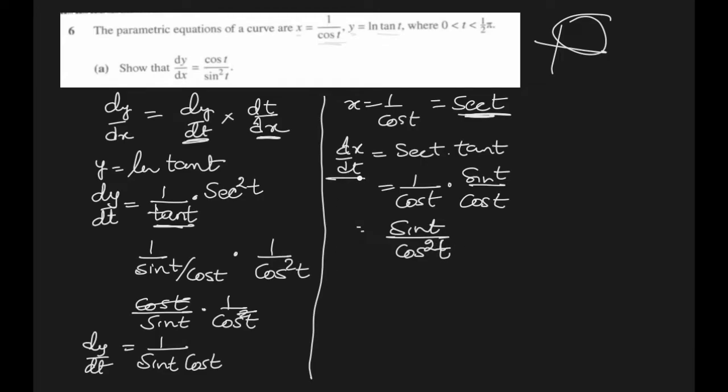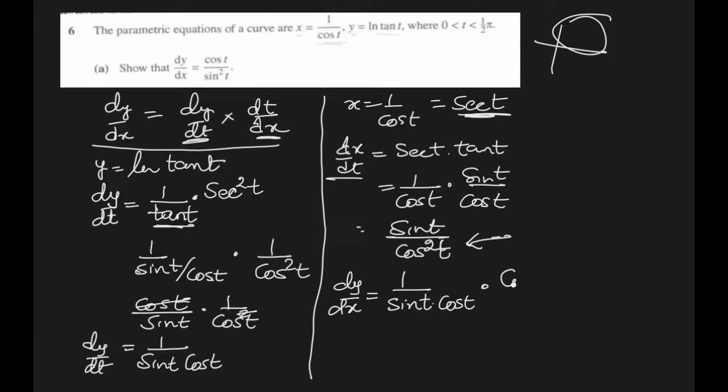Now we have dx over dt, we have dy over dt, and now we will use this relationship. So dy over dx will be dy over dt first, 1 over sine t cos t, multiplied by dt over dx, not dx over dt. That means we have to reciprocate this one to multiply with this.